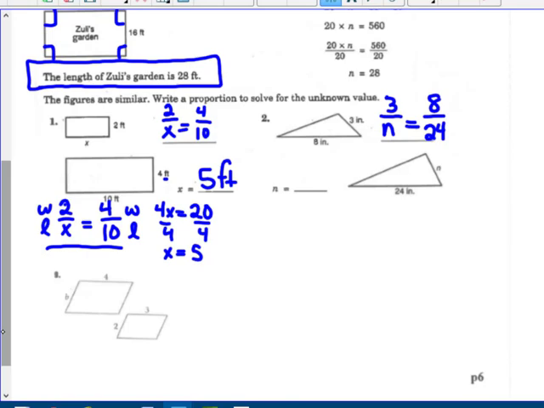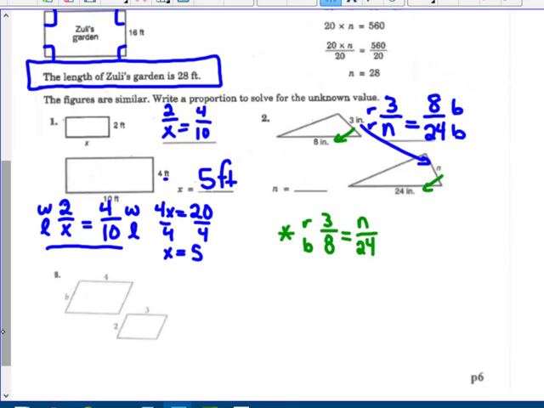I could also set it up a second way and say 3 over 8, so right side over bottom, 3 over 8 could equal right side over bottom, n over 24. And yes, I'm going to multiply 3 times 24 and 8 times n. You can see that it will work the exact same way. So that's just 2 of the ways. You could set it up 4 ways.